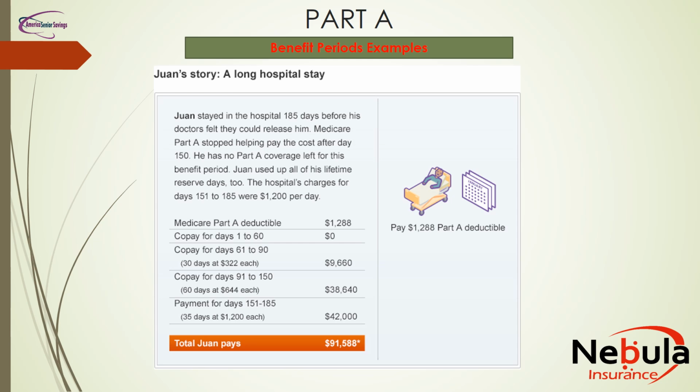Days 91 to 150, he had to pay $38,640, and beyond that, another $42,000. Anyway, his total bill was $91,588. And this is what I'm talking about. This can be very expensive for a long stay.